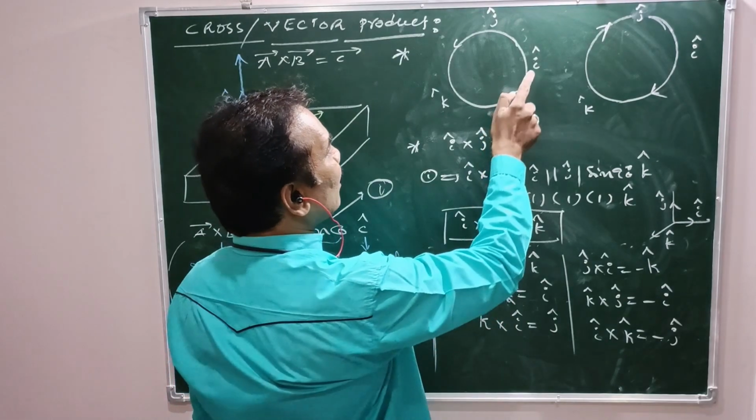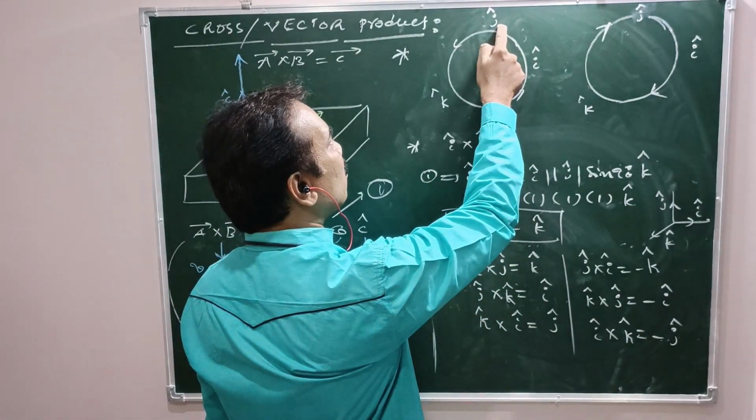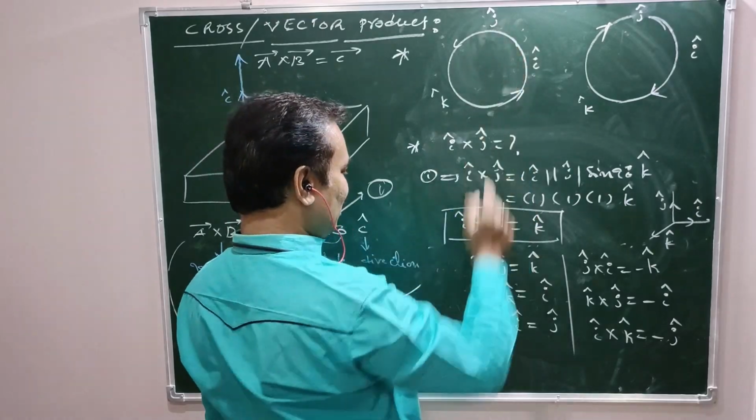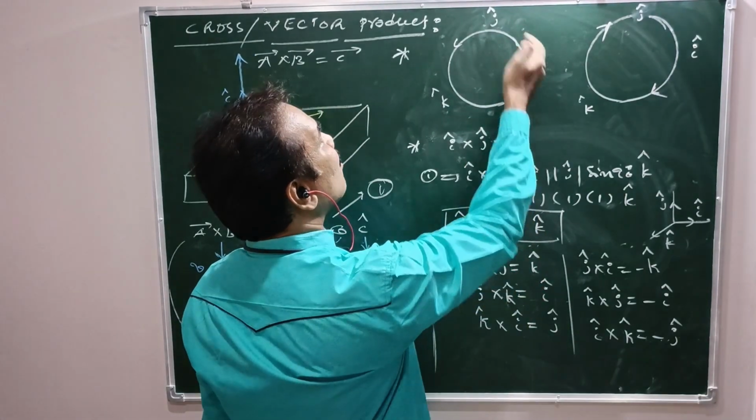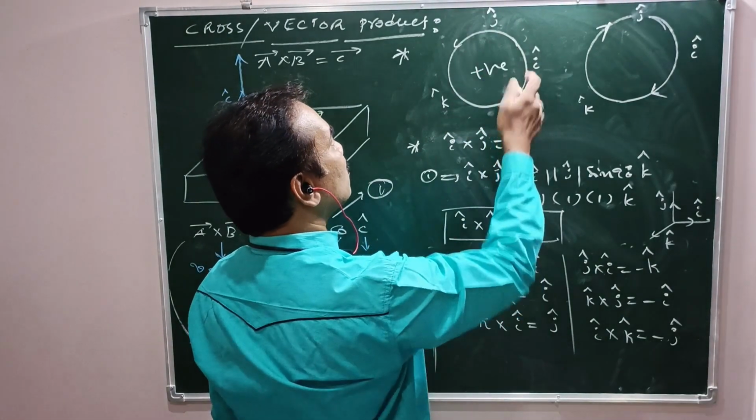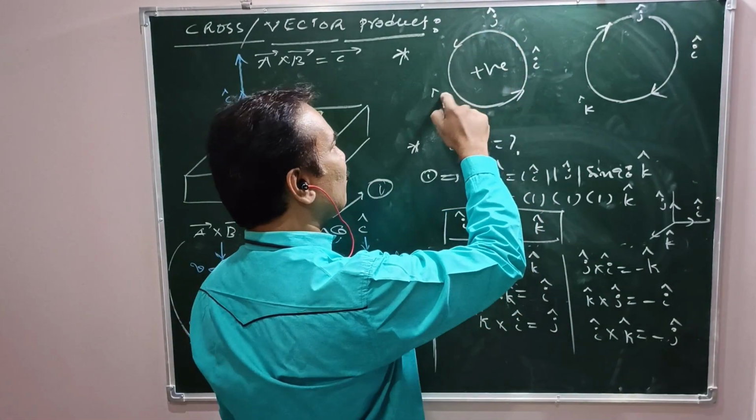Now see, i cross j equals the other unit vector with positive sign. I cross j means k, other unit vector with positive sign. So i cross j equals plus k.